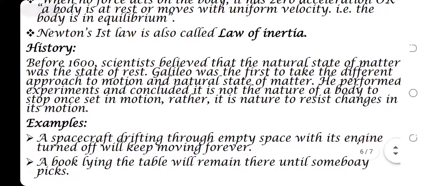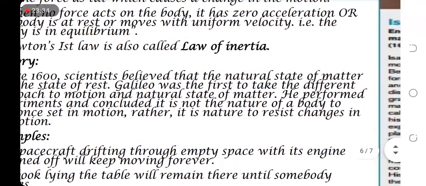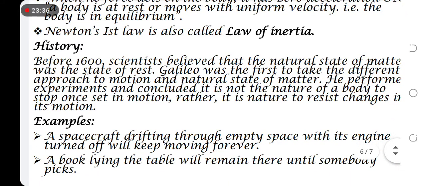A small look at the history of the laws. Before 1600, scientists believed that the natural state of matter was the state of rest, because they didn't know why a body at rest appears so.